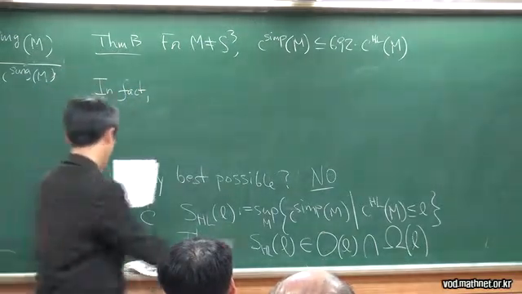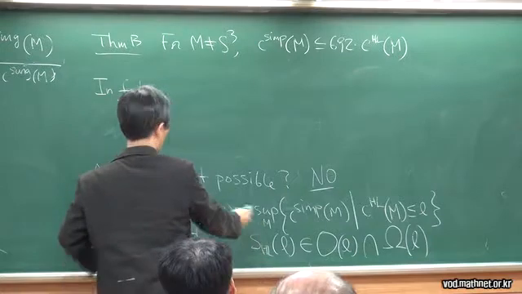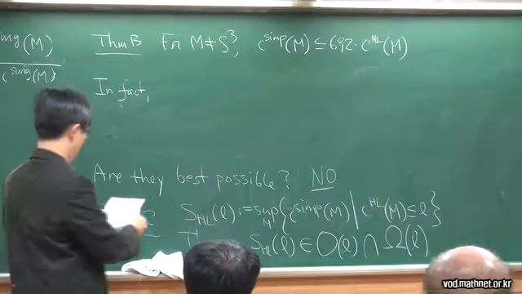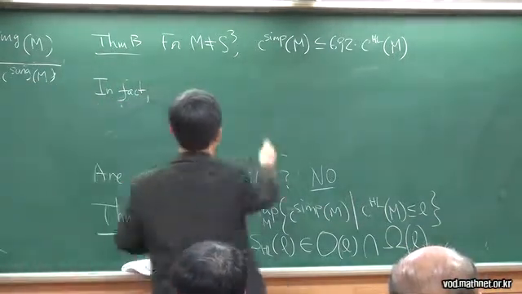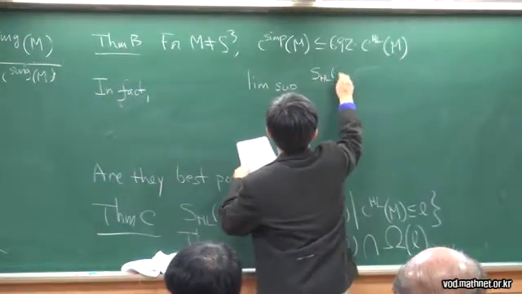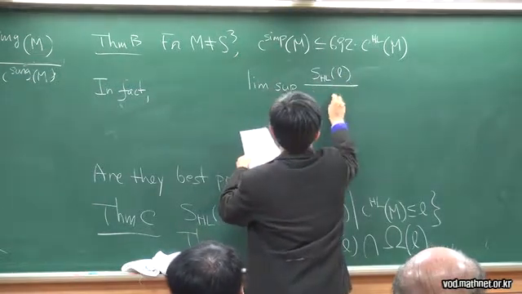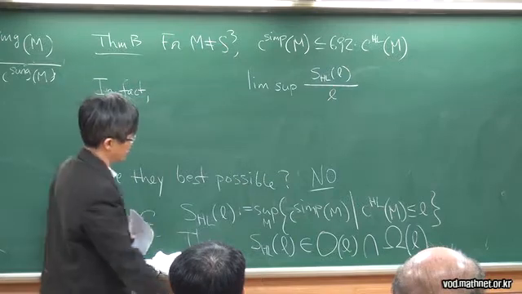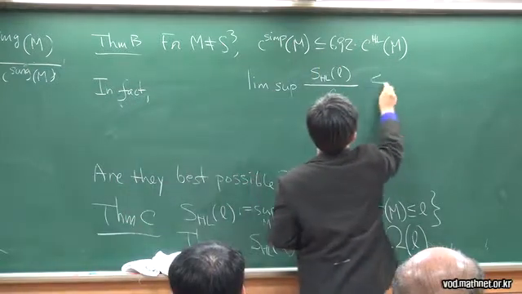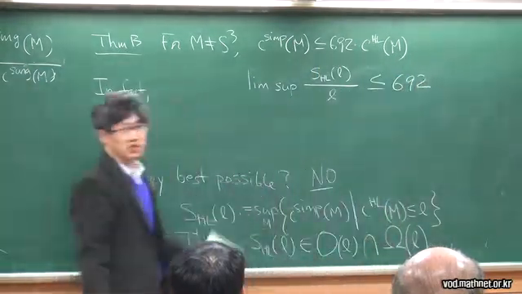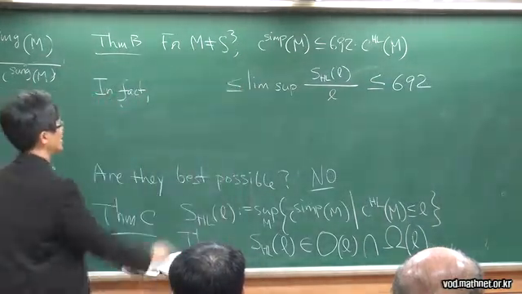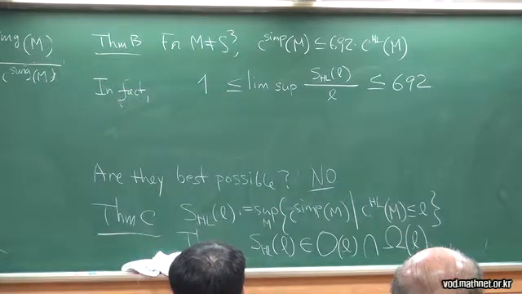In fact, looking at this, we are actually considering the lim sup of the worst case simplicial complexity with respect to the Heegaard-Lickorish complexity over the given complexity L, and we know that this is bounded by this, and I do know that this is greater than or equal to 1.